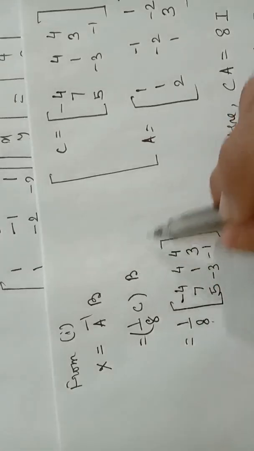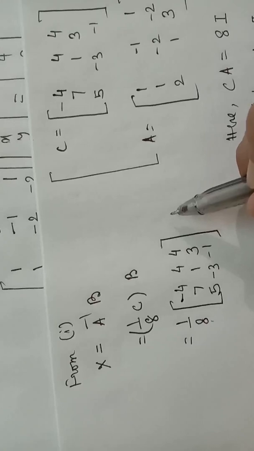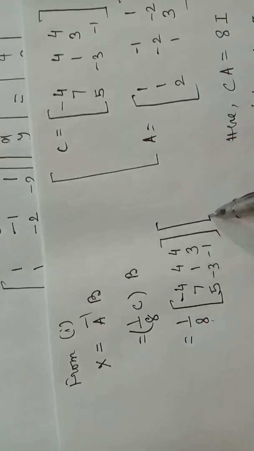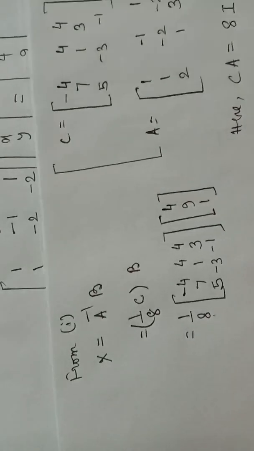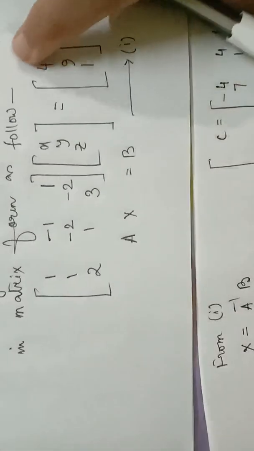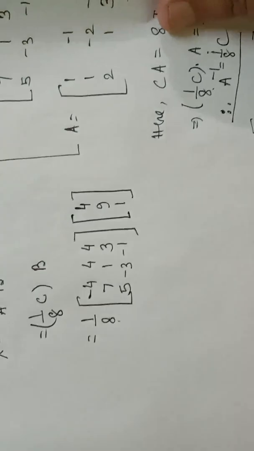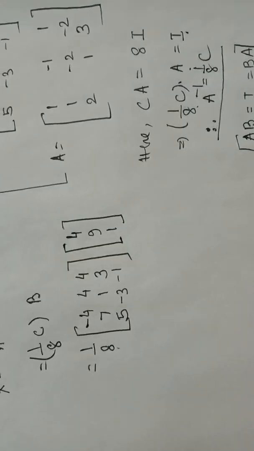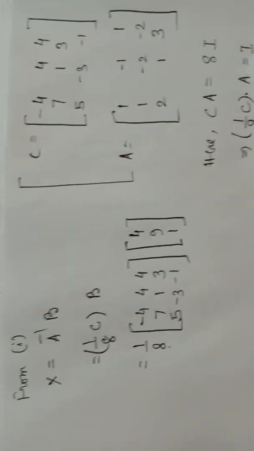This is 1 by 8 into C, and our matrix B, the right hand side, is 4, 9 and 1. So we have written B equal to 4, 9, 1. Carefully you have to use the product.